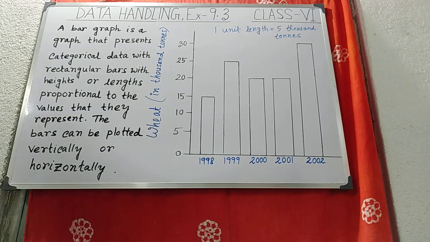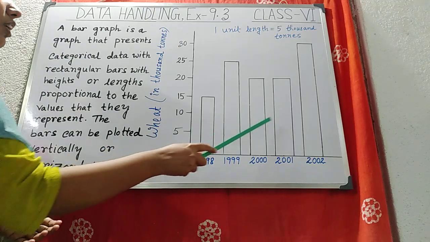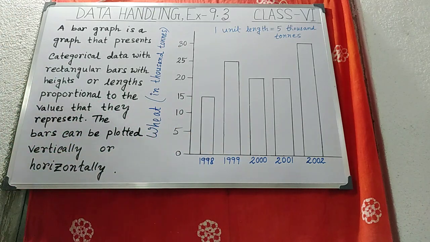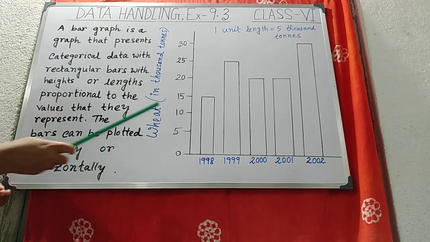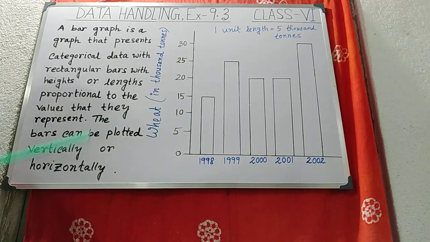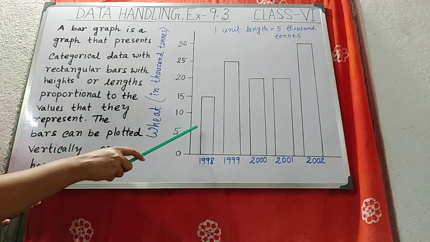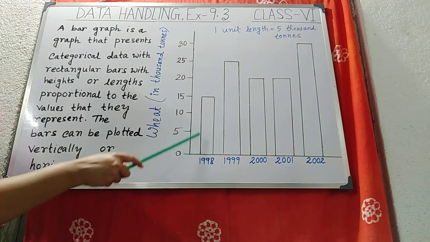Here you can see that 1, 2, 3, 4, 5 bars are there. Each is having a rectangular shape with heights or lengths, meaning each bar has some specific height or length proportional to the values. If the value is 5, the bar will be up to this, from 0 to this.